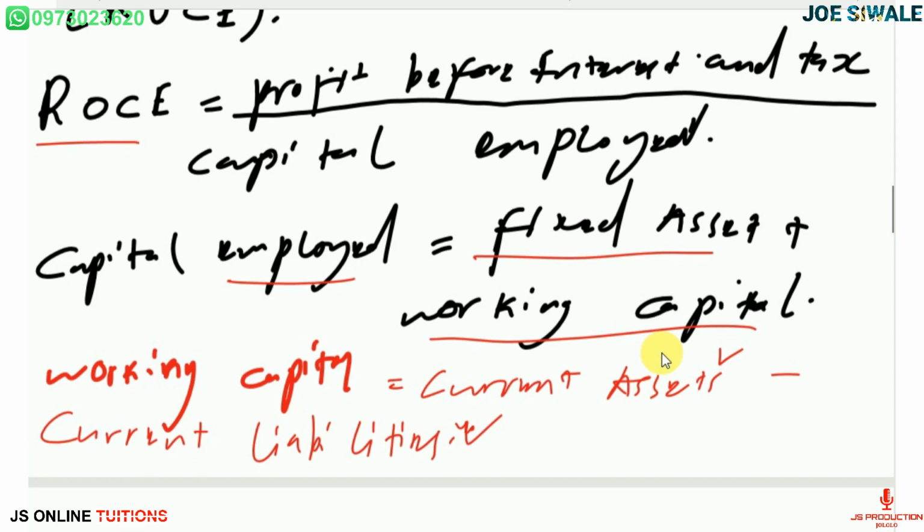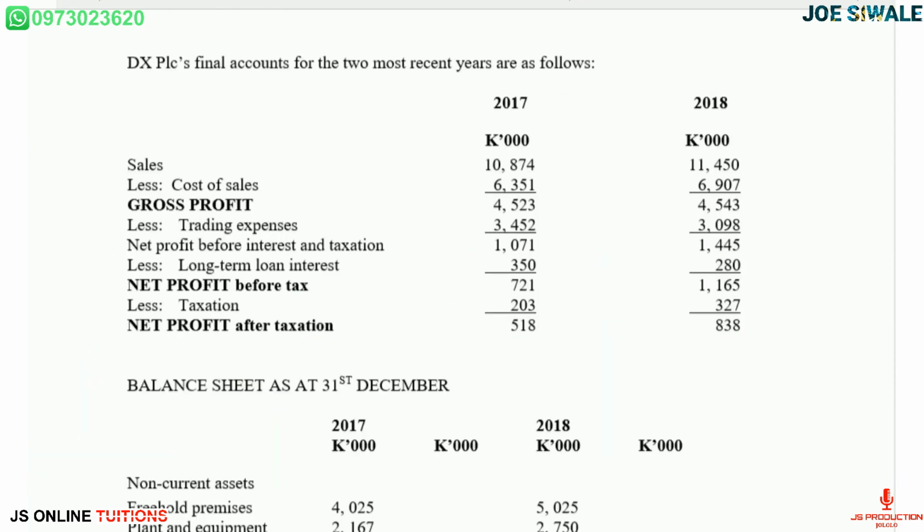There is an example here, and for this example we have the balance sheet and the profit and loss as you can see. And from this information we can calculate the return on capital employed for 2 years. We have 2017 and 2018.